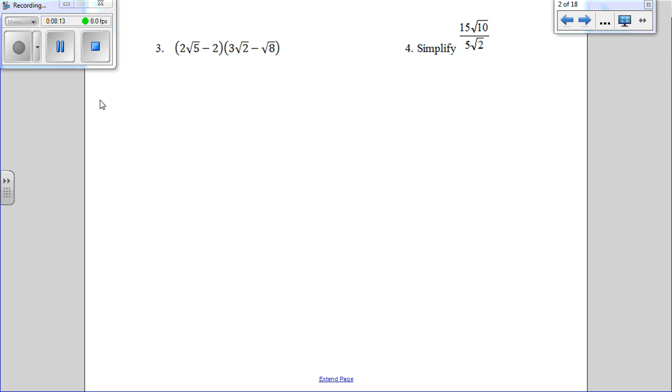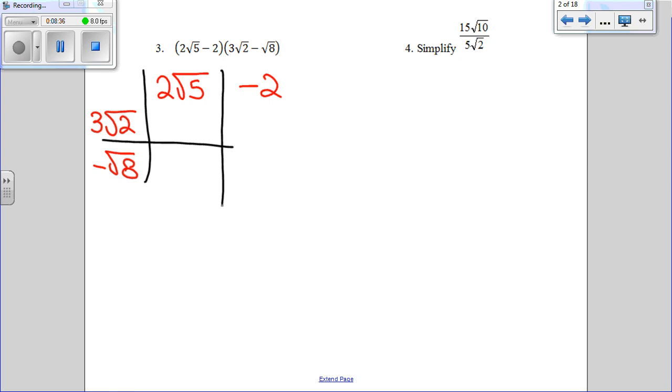Okay? That means when we see a question like this, we follow all the same steps we've ever done. Binomial times a binomial is best done using an area diagram. You don't have to use an area diagram, but it's definitely what you guys are best at, which is why we do it.